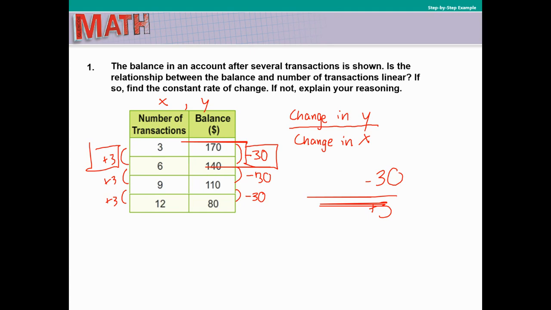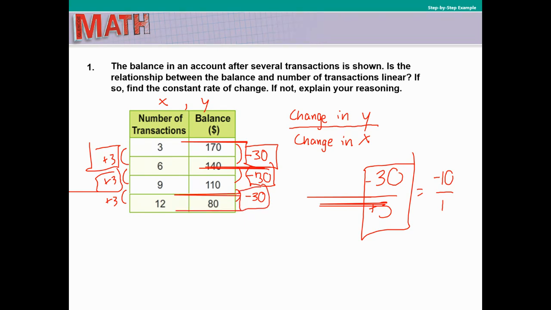I think I've been using it too much. Minus 30 over plus 3, that is my ratio. I could simplify that and make it minus 10 over 1. And I need to see, was it a constant ratio each time? Was it going down by 10 every up by 1? Well, yeah, it was the same because each of these ratios, minus 30 over plus 3, minus 30 over plus 3, those are the same.